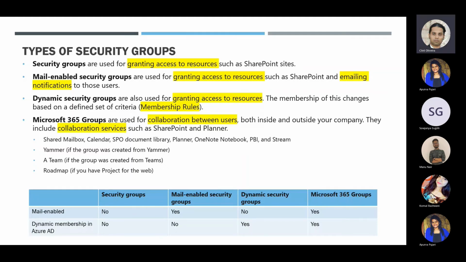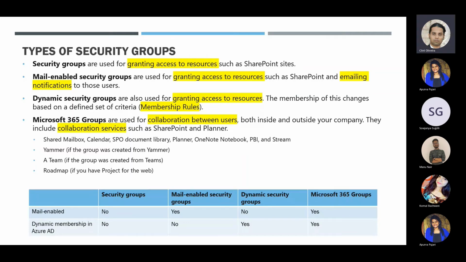You then have mail-enabled security groups, which are also used to grant access, but there's an email address associated with it. So if I send an email to that security group, all users within that security group will receive that email since it's a mail-enabled security group. This can be used to send emails and assign permissions.